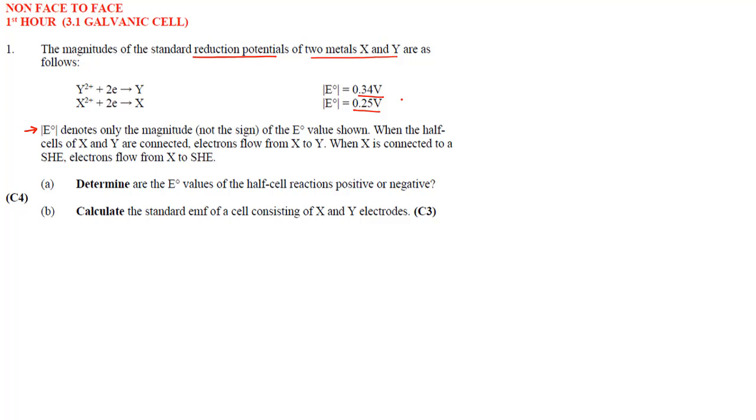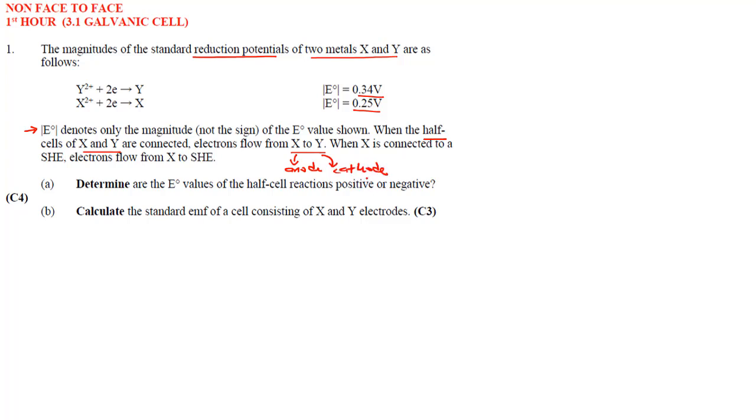So bila you connect half cell X dan Y, electron flows from X to Y. So what you need to understand here adalah, X adalah kita punya anode dan Y adalah kita punya cathode lah.